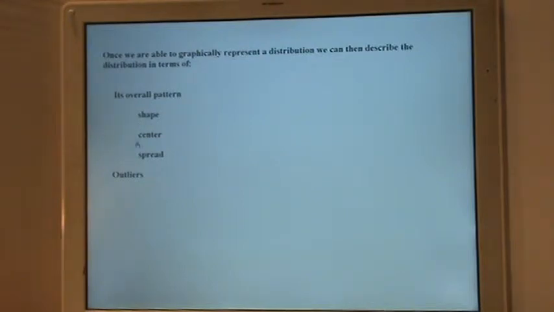We can talk about the center, how the data tends to gather around the center, and we can talk about the spread of the data, and of course outliers, or extreme or unusual scores. But in this video we're going to be talking about the shape of the data. So let's take a look at that.